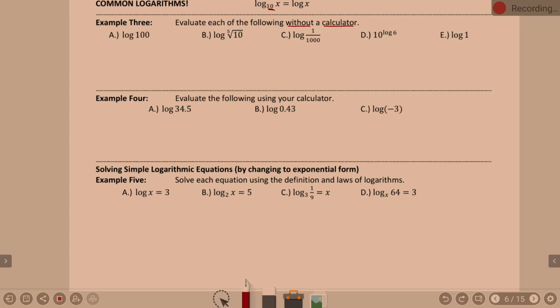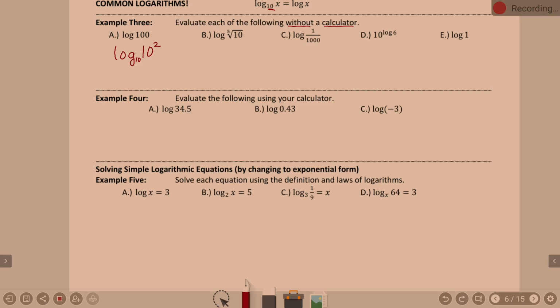Well, 100 is 10 times 10. Are you with me? 100 is 10 times 10, yes? Or in other words, I can write it as log of 10 squared. And that's important because what base is this? It's base 10. You write log of 10 squared.